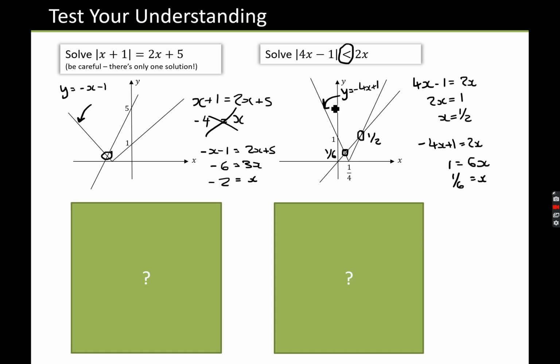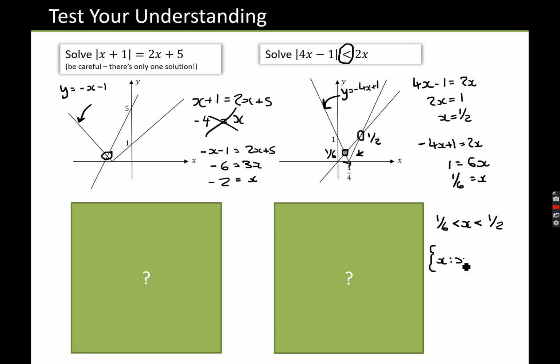Now, because it's an inequality, we come back to this. I want where the modulus function is less than y equals 2x. So what I'm looking at this time is in between my two intersection points. That means x will need to be less than a half and greater than a sixth. Remember guys, you might be asked for it.